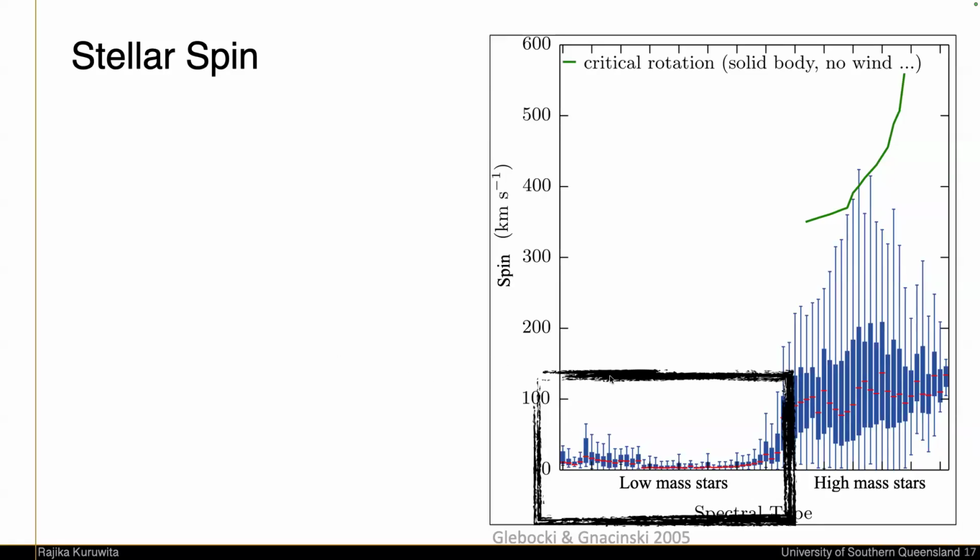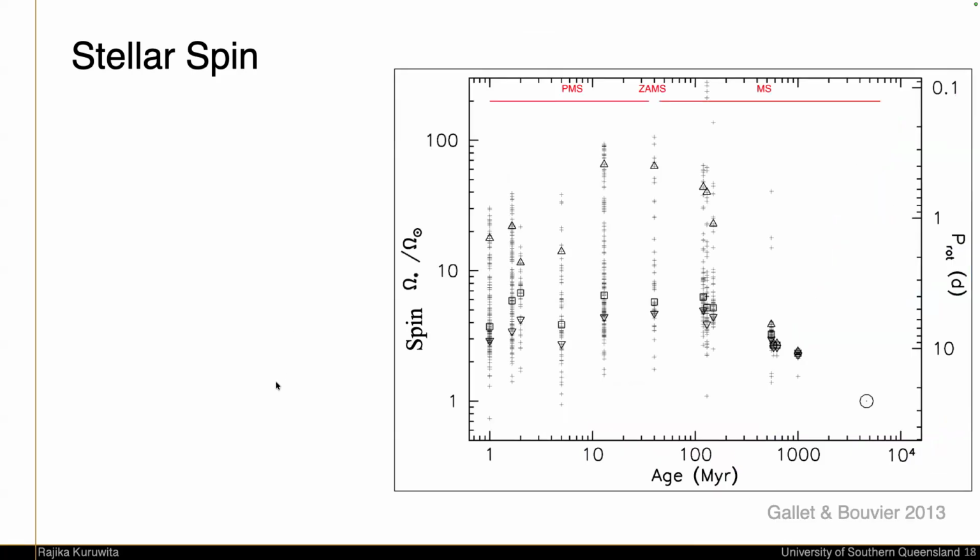Yes, so low mass stars. I'm going to focus on the low mass star. And what do we know about the spin evolution of stars? These are some plots from Gallet and Bouvier from 2013, and they plot the spin of stars against age. The first 0 to 5 million years is the typical time scale for star formation, maybe stretching it out to 10 million years.